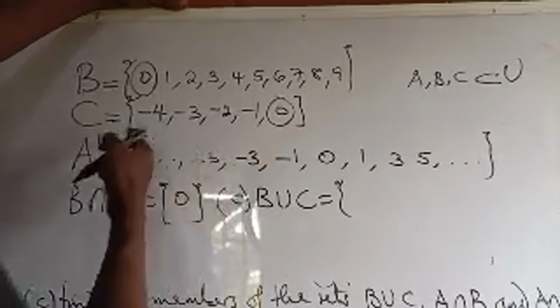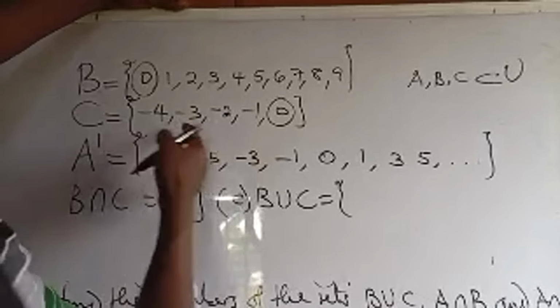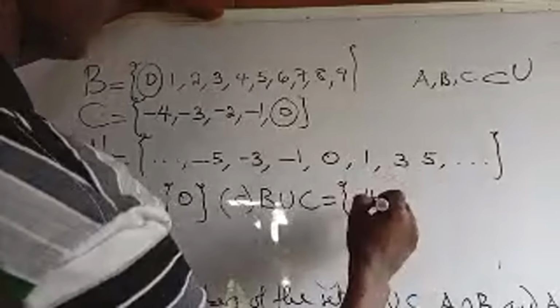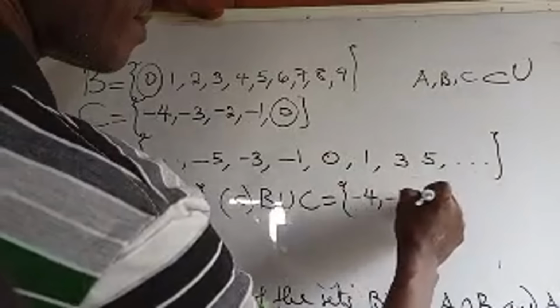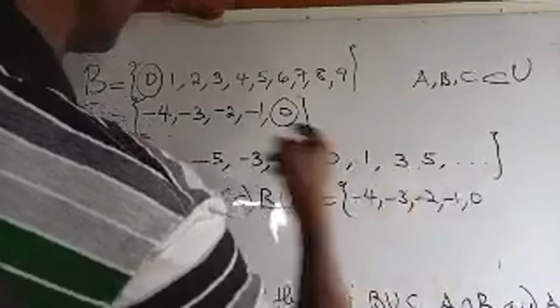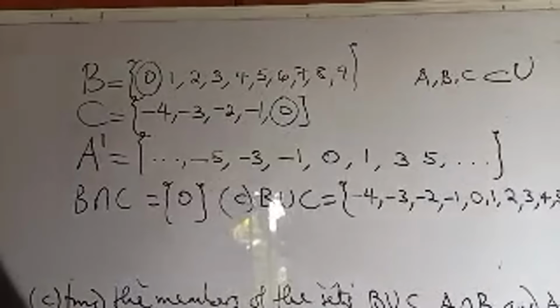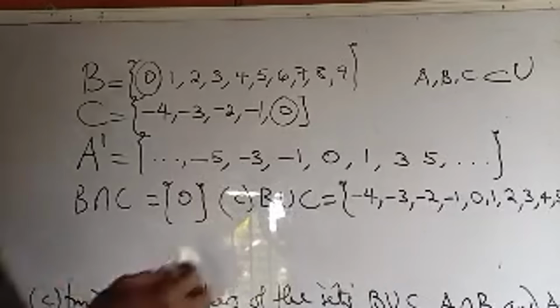We can start with the negative elements: -4, -3, -2, -1, 0, 1, 2, 3, 4, 5, 6, 7, 8, 9. These are the elements that are in B union C. Let's write it in a better form so that we are able to see.